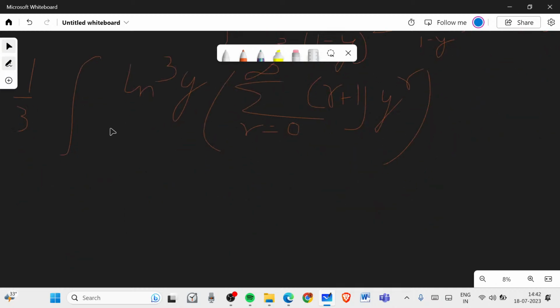So it's ln cube y to the power r, integral r plus 1. Seriously, the mouse has given up. Integral r plus 1, it's ln cube y to the power r, right?